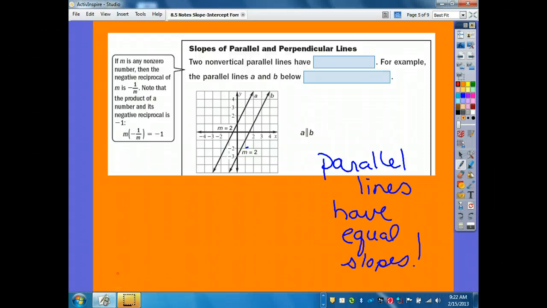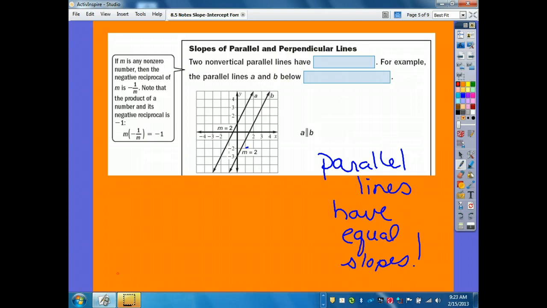Okay, 8.5, doing slope-intercept form, second half, part 2. Now today, the part that you're going to learn is, yesterday we were rearranging and we would get the slope. The slope is always the coefficient of x.